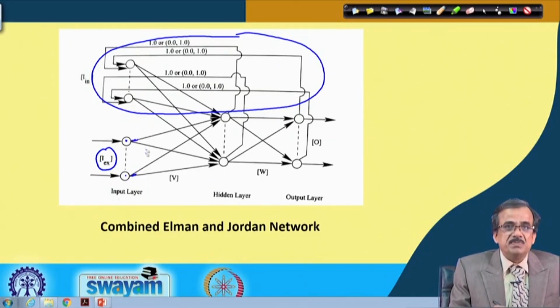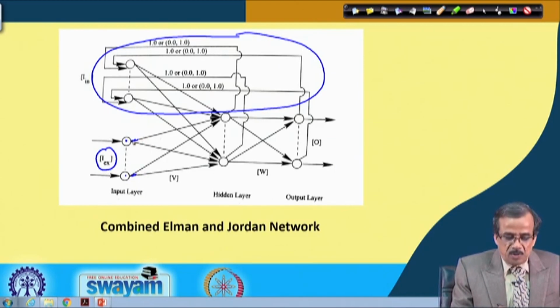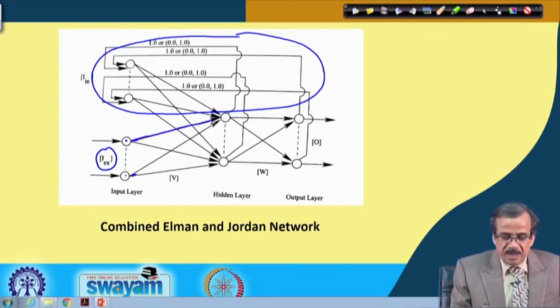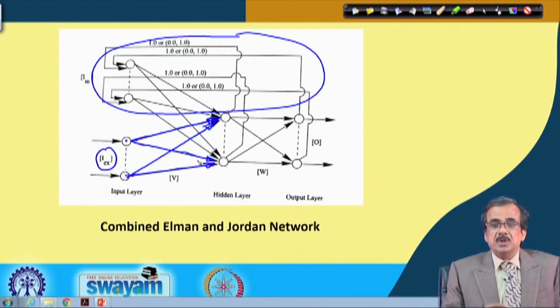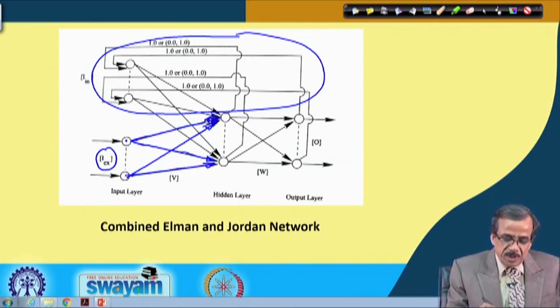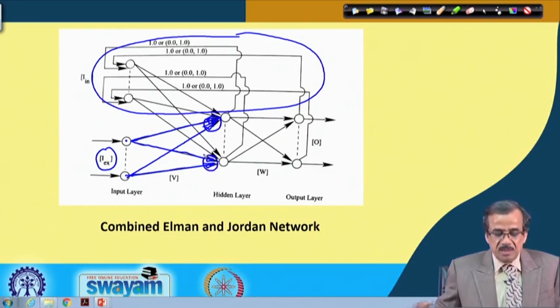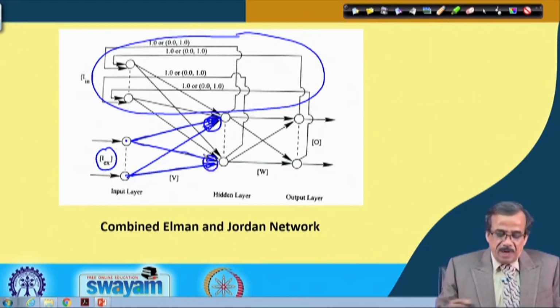Once you have got this output, it will be multiplied with the connecting weight. Similarly, this will be multiplied by the connecting weight, and this will be multiplied by the connecting weight. So, I will be getting some input for this particular hidden layer.